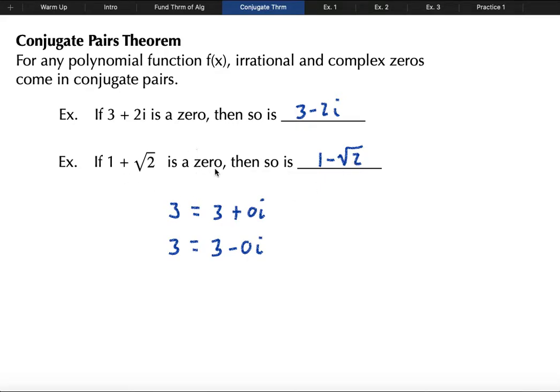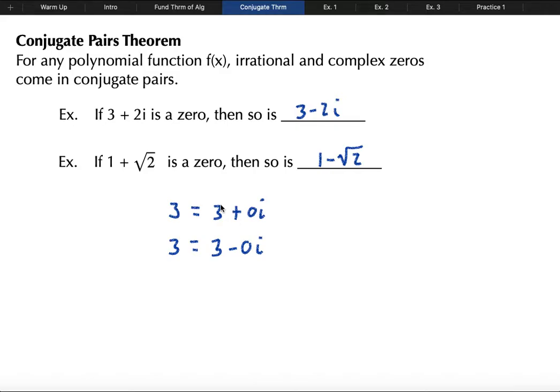And this theorem relates back to Descartes' rule of signs. If you recall, in that theorem there was a part where you had to take your number of sign changes and subtract an even integer, which gave you your possible number of positive or negative zeros.